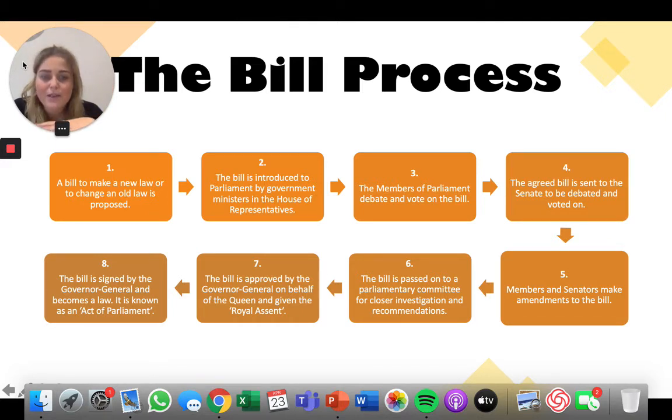The members of Parliament then debate and vote on the bill. So they have a conversation on the fors or against of making that law. And then they need to vote. If they vote in favour for that bill, so in favour of that law or that change to the law, the bill is then sent to what is called the Senate, and that's debated on.